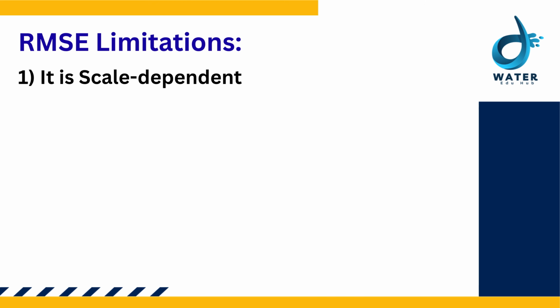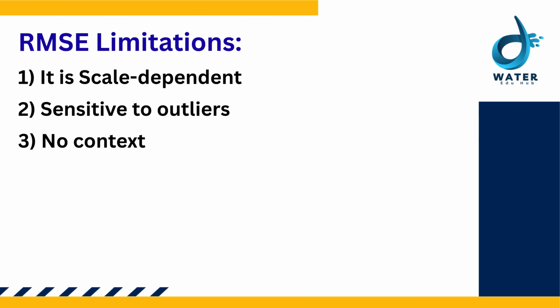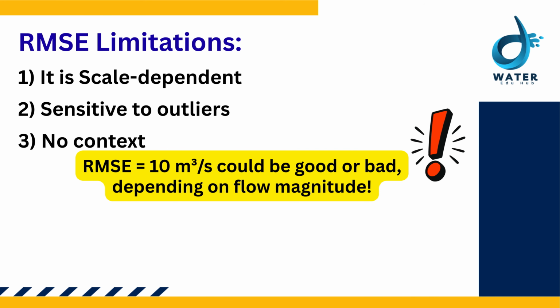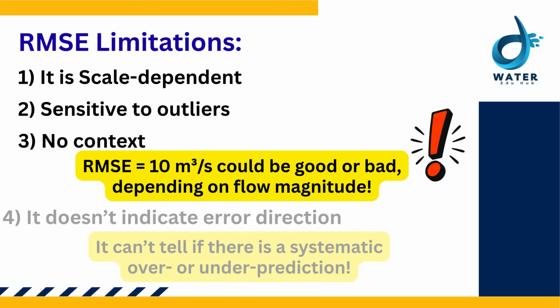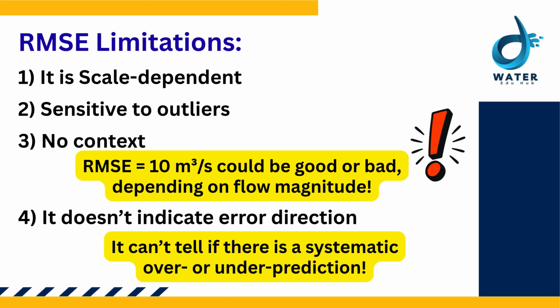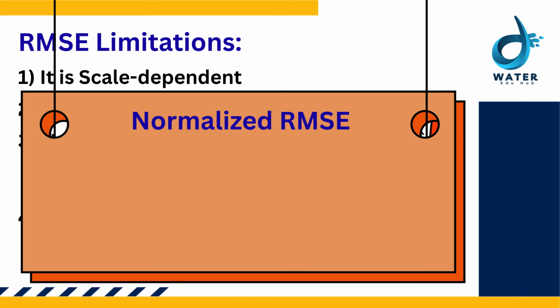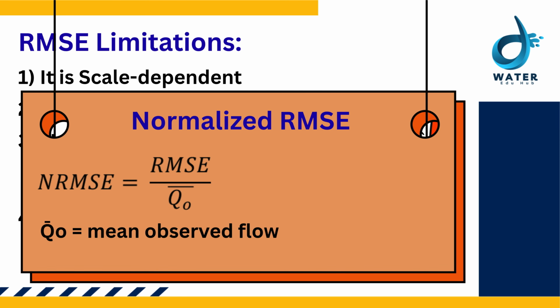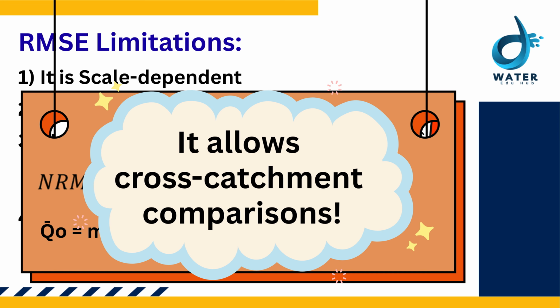First, it is scale dependent. Second, being sensitive to outliers. Third, no context. An RMSE of 10 cubic meter per second could be good or bad depending on flow magnitude. Fourth, it doesn't indicate error direction. Also note that RMSE has a normalized variant known as NRMSE. It allows cross-catchment comparison, often expressed as a percentage.